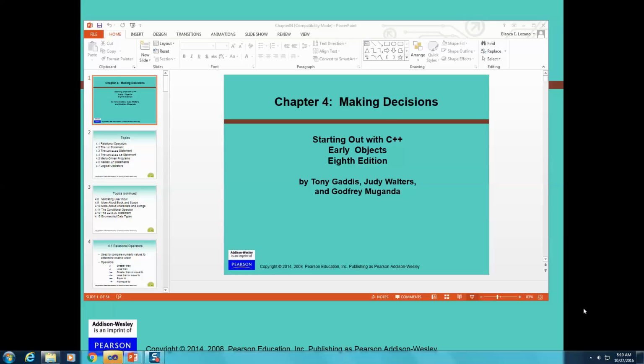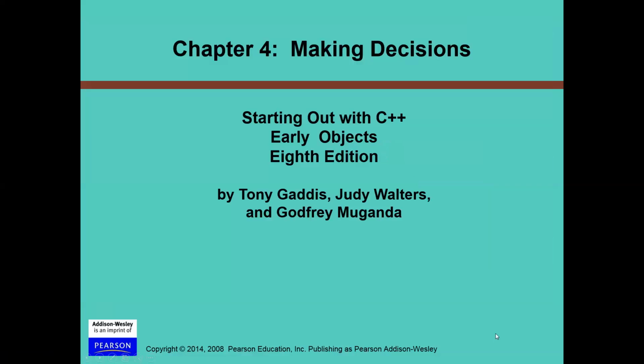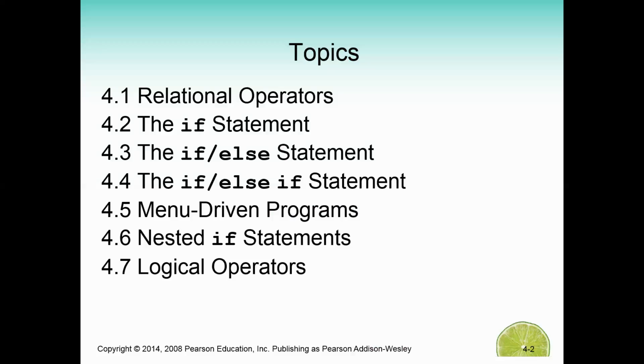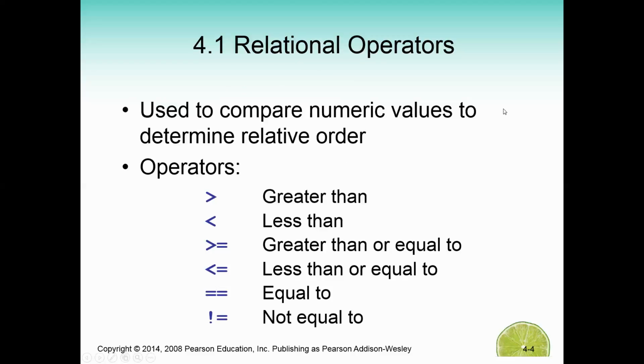Okay, we're going to continue with chapter 4, making decisions. We started by going over the relational operators, and we mentioned that these operators are going to be executed in the ALU.